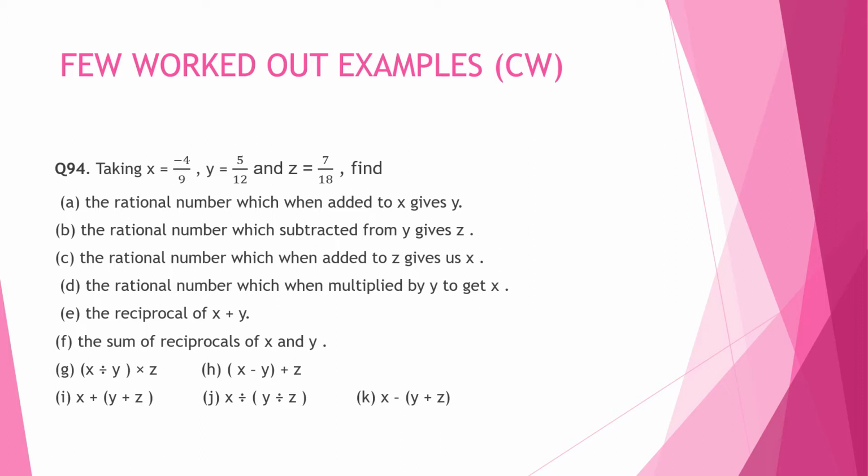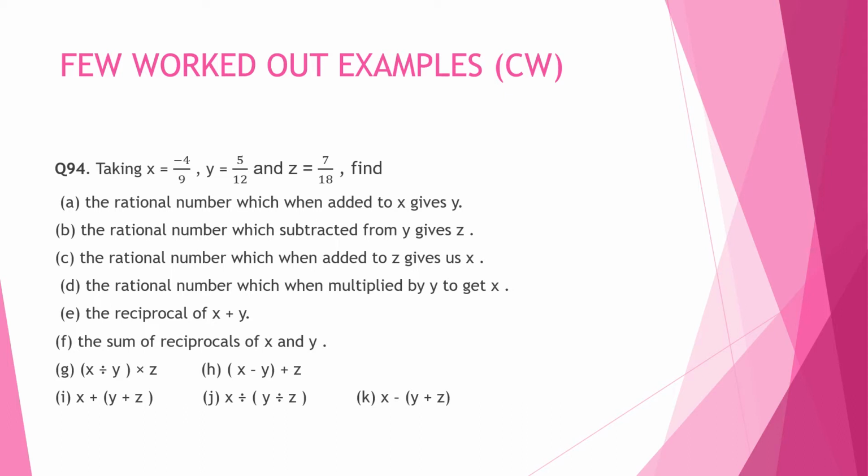Part H, x minus y and then added to z. Part I, x plus y plus z. Part J, x divided by y divided by z. Part K, x minus y plus z within brackets. So let's take on these parts one by one.